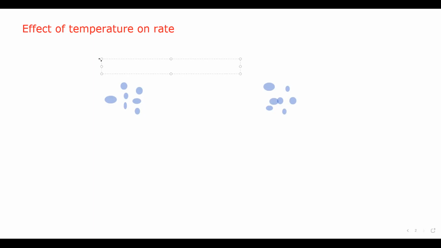These 7 reactant particles are at 30 degrees centigrade, and the same 7 reactant particles are at 70 degrees centigrade.